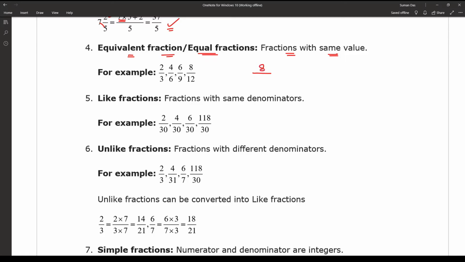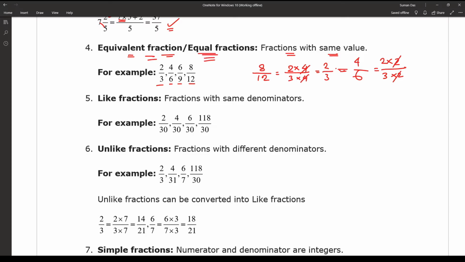Now 8 by 12 can be written as 2 into 4 over 3 into 4, so we can divide by 4 and get 2 by 3. 4 by 6 can be written as 2 into 2 over 3 into 2, so we can divide by 2 and get 2 by 3. So 2 by 3, 4 by 6, 6 by 9 and 8 by 12 are all equivalent fractions.